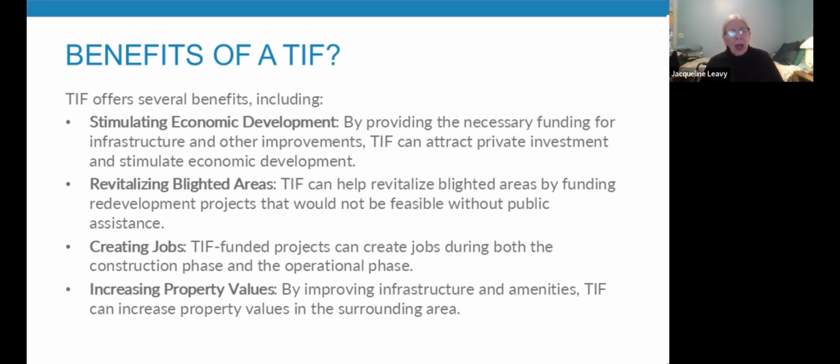We all want to see more jobs, better businesses, better streets and sidewalks, better public facilities. But if it takes you 40 years to get it done, then you have to ask, what's wrong with that picture?